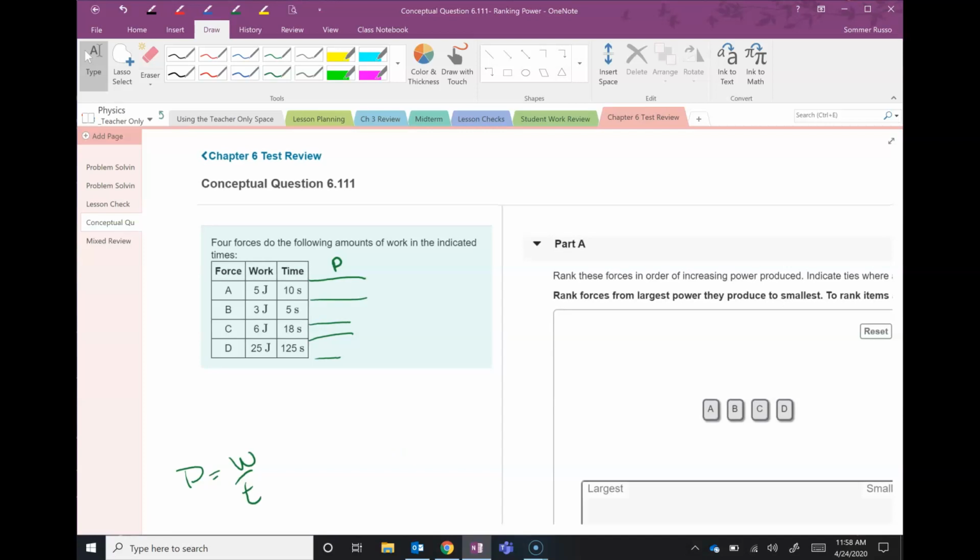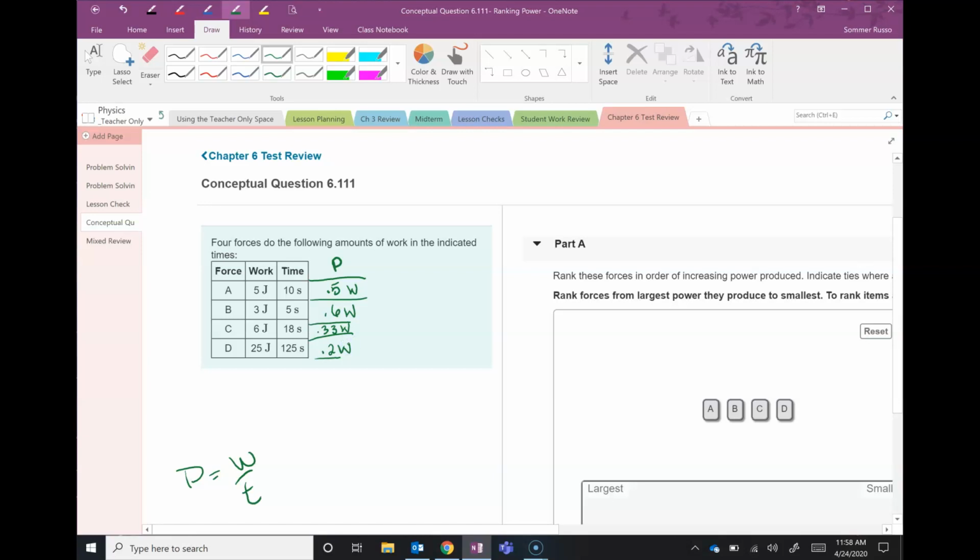All right, so 5 divided by 10 is 0.5 watts. 3 divided by 5 is 0.6 watts. 6 divided by 18 is 0.33 repeating watts. And 25 divided by 125 is 0.2 watts.